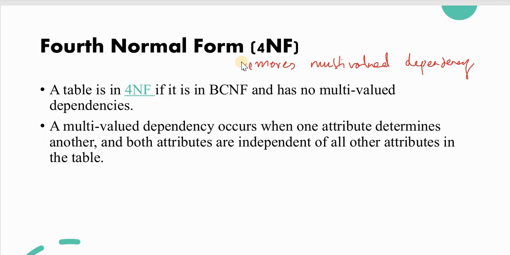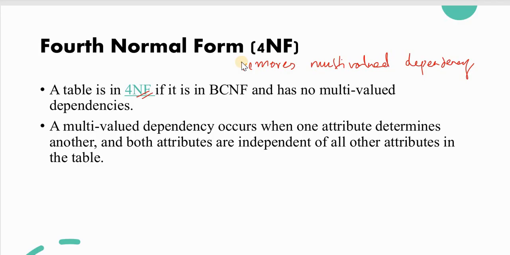Otherwise we can say a table is in fourth normal form if it is in BCNF and has no multi-value dependency. Again, we can say a table should not store two independent multi-valued facts about the same key.